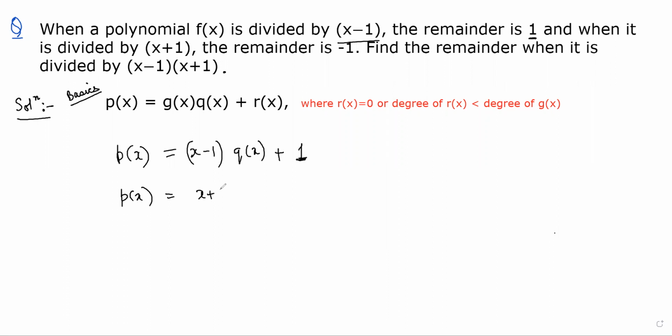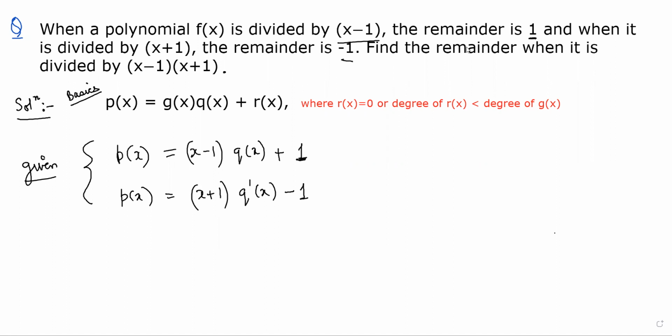Similarly, the same polynomial is divided by x plus 1. We will get a different quotient, no doubt about it. That's a new quotient. But the remainder will be minus 1. So these two things are given. We must know the divisibility method, which we are talking about.